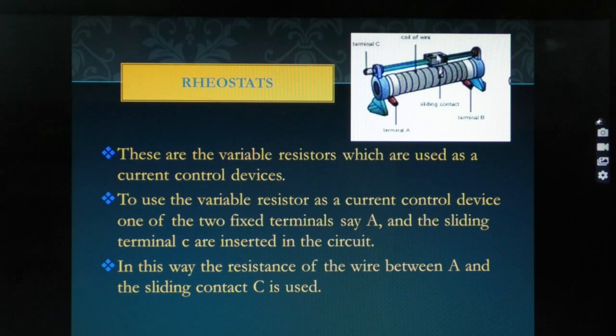Here is a third terminal, that is the sliding contact. As is clear from its name, this could be moved over the wire.